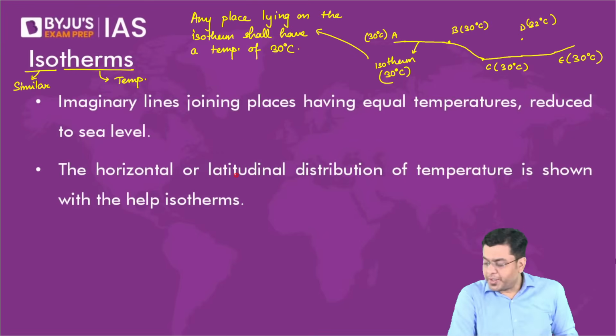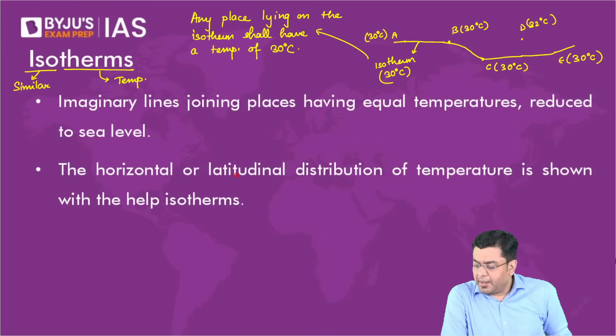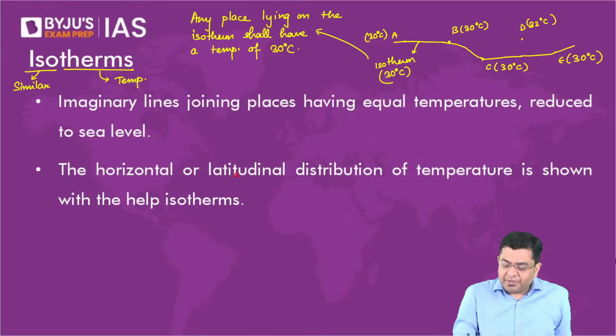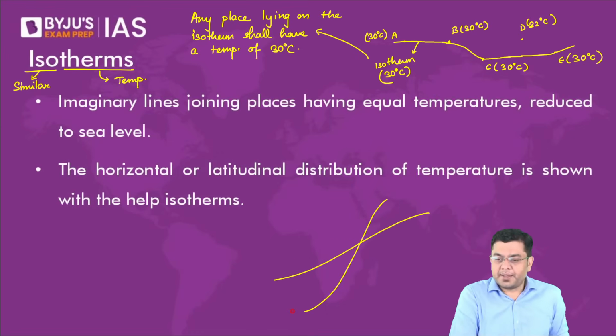Now, if I ask you a question, when we talk about the isotherms, can the isotherms crisscross each other? Can that happen where the isotherms will crisscross each other? What do you think? Can we have a condition where we have an isotherm like this and another isotherm like this?